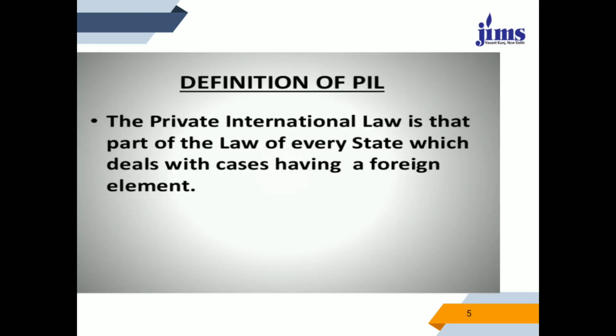Now we come to the definition part. Private international law is the part of the law of every state which deals with cases having a foreign element. So it is very important that all the cases have a foreign element in them.